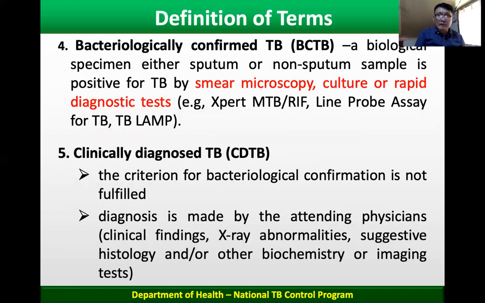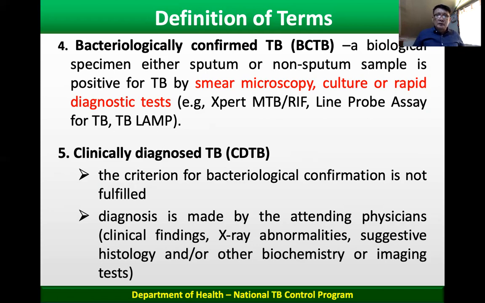Moving on to our definition of terms, how about BCTB or bacteriologically confirmed TB? This is when a biological specimen, either sputum or non-sputum sample, is positive for TB by smear microscopy, culture, or rapid diagnostic test. Examples are the Xpert MTB/RIF, the line probe assay or LPA for TB, including TB LAMP.